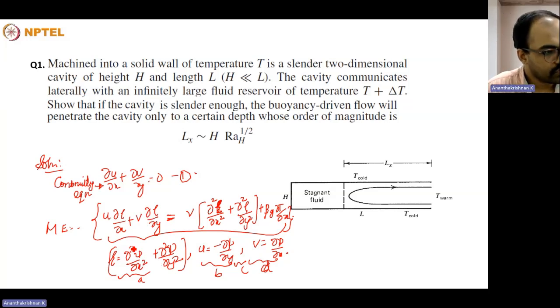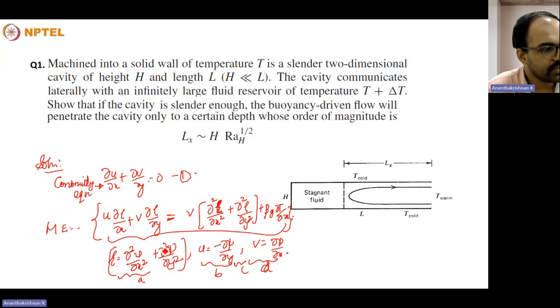So this particular term epsilon will be represented by these two terms, and here, since H is very much less than Lx, this term doesn't exist because this will be very much less compared to the second term. So only this term remains.